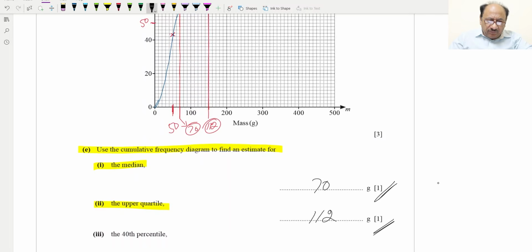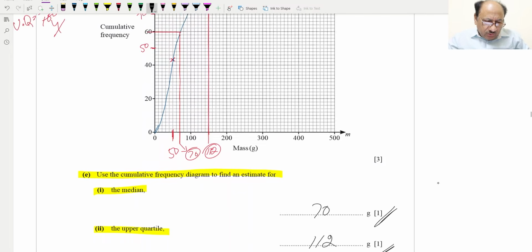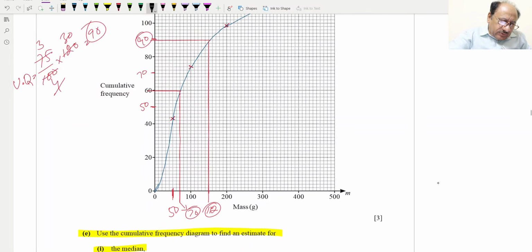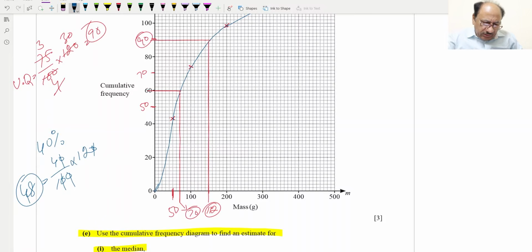And then they are saying 40th percentile. So for the 40th percentile, we can check: 40 over 100 into 120, and 0 cancels 0, and this will be equal to 48. So we will be checking the 48 reference.